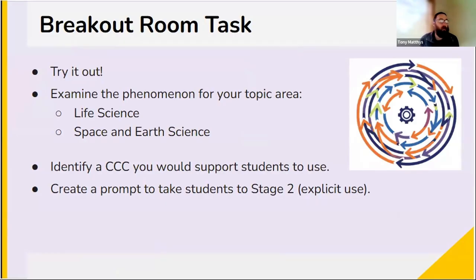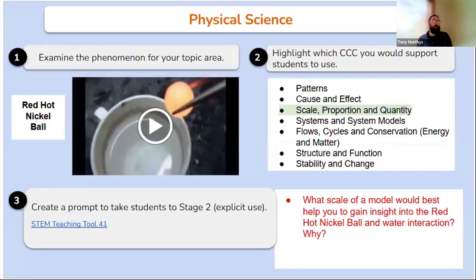Then in that breakout room, identify a CCC that you would want to use to explain that phenomenon, and then create a prompt using that. Let's use a stage 2, so shooting for that explicit use of a CCC to investigate the phenomenon. And when you're in your breakout rooms, you're going to have the phenomenon there that you can play.